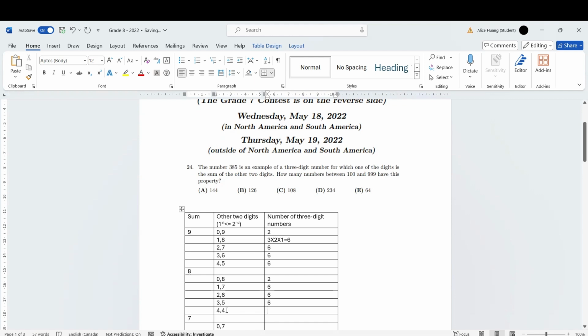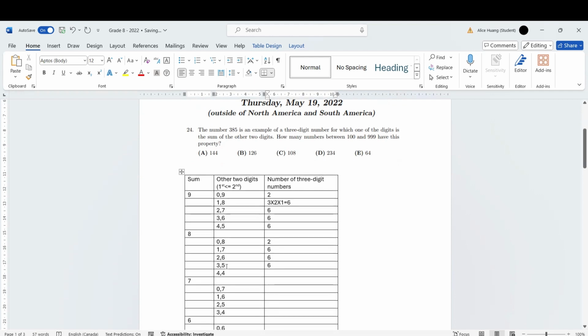In this case, the difference between the three-digit numbers depends on the place of the number 8. If the number 8 is in the first digit, it's 844. If the number 8 is in the second digit, it's 484. Similarly, if it's in the last digit, it's 448. So there are only 3 numbers for this combination.